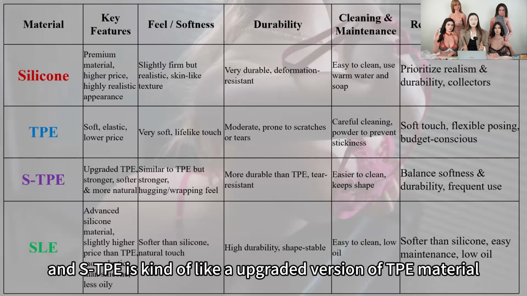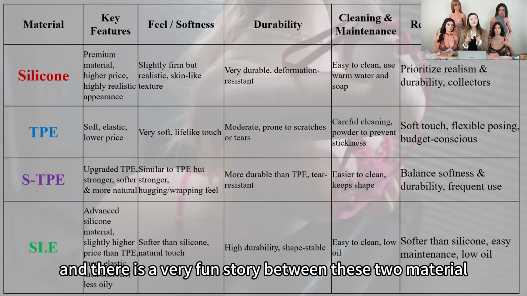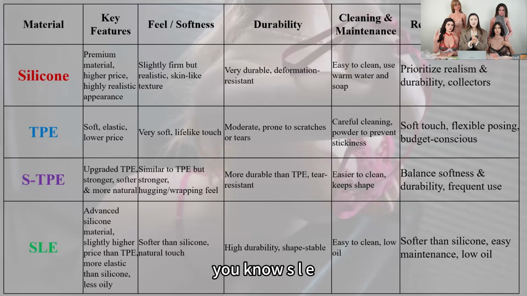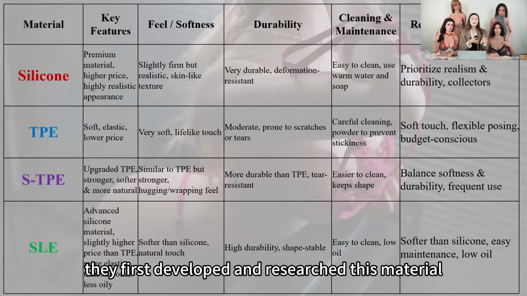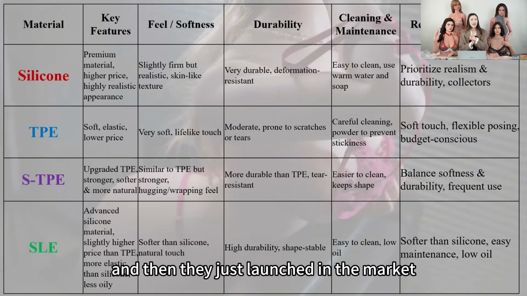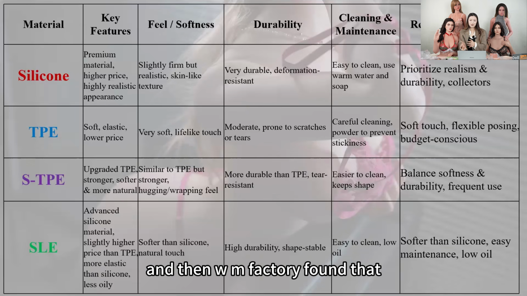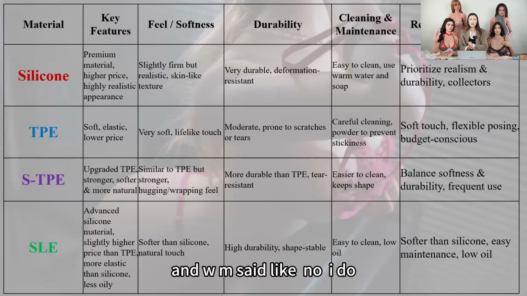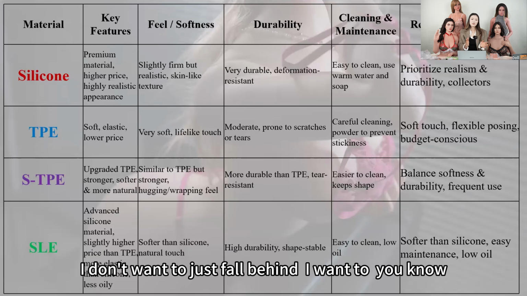And STPE is kind of an upgraded version of TPE material. And there is a very fun story between these two materials. SLE is from Zelex, right? They first developed and researched this material, and then they launched it in the market. And the WM factory found that, and WM said, no, I don't want to fall behind.